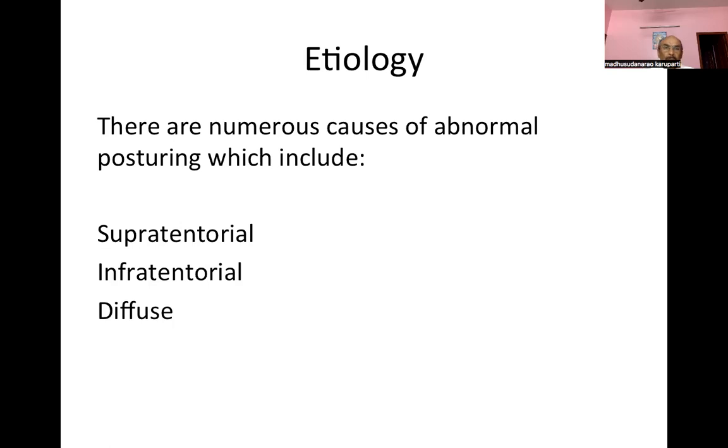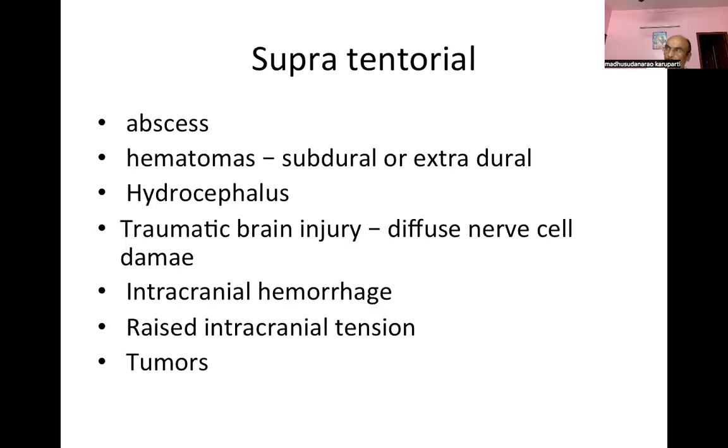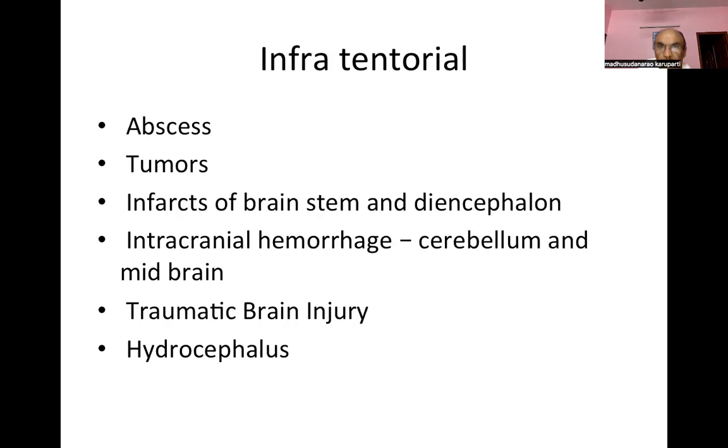The etiology could be supratentorial lesions or infratentorial lesions, or the lesions could be diffuse. The supratentorial lesions could be abscesses, hematomas, hemorrhages, traumatic brain injuries with intracranial hemorrhage associated with raised intracranial tension, and also tumors.